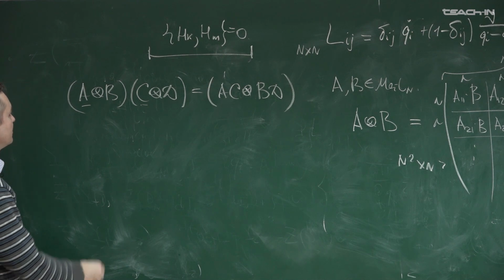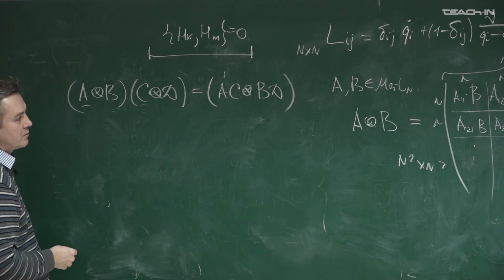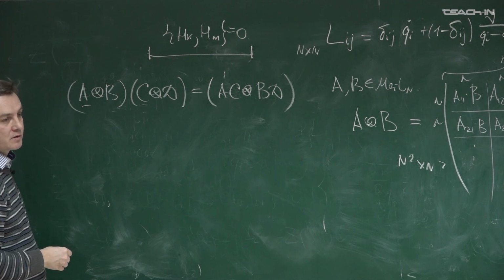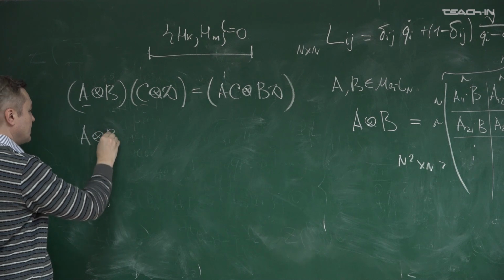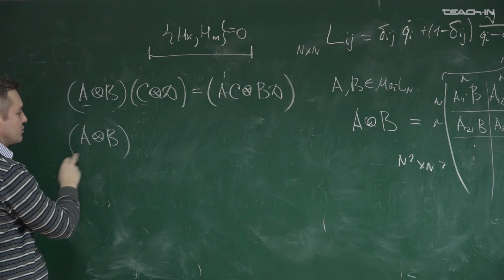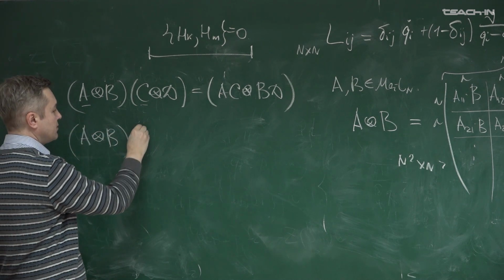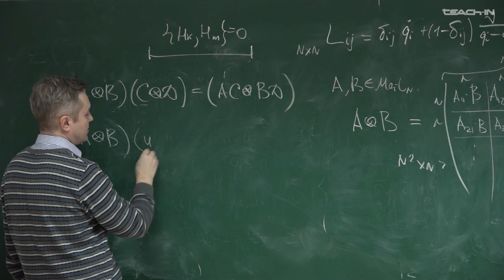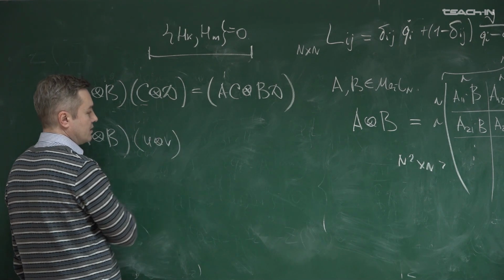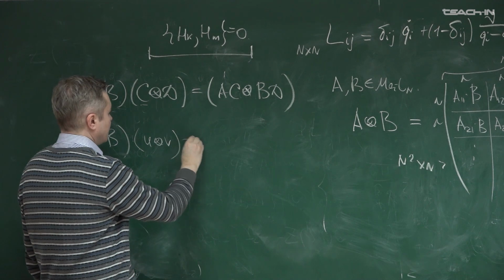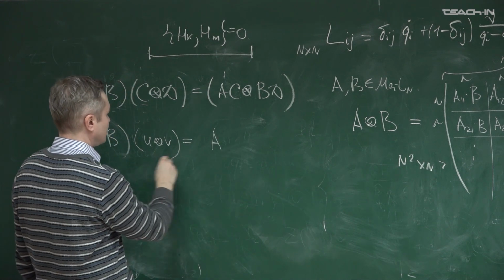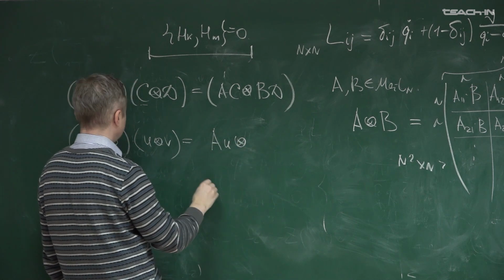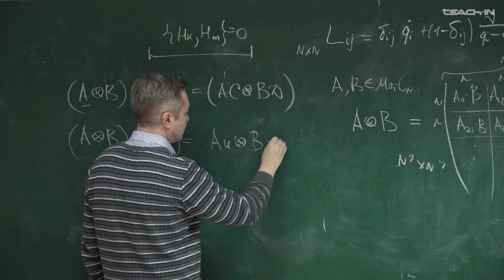And the same is valid for action on the tensor product of vectors. For example, a tensor product of two matrices may act on a tensor product of two vectors, and the result is given by application of A to U multiplied by application of B to V.